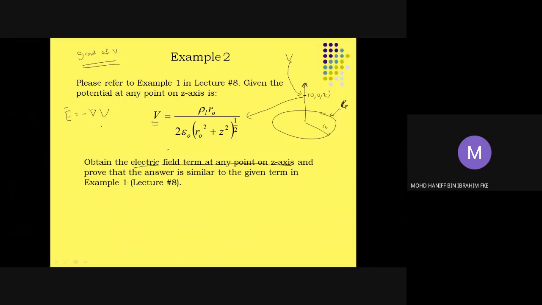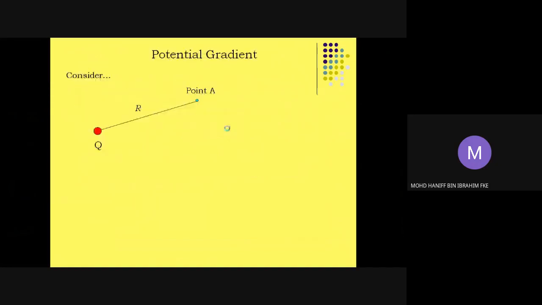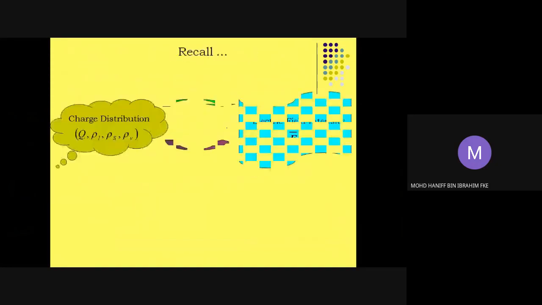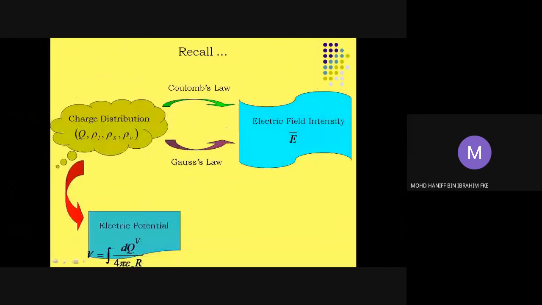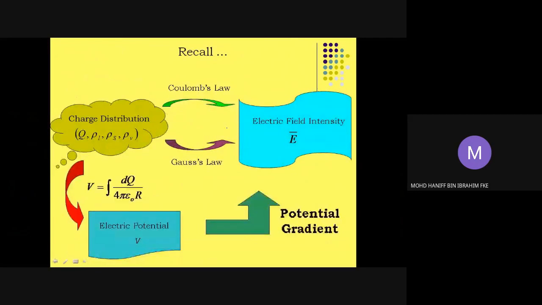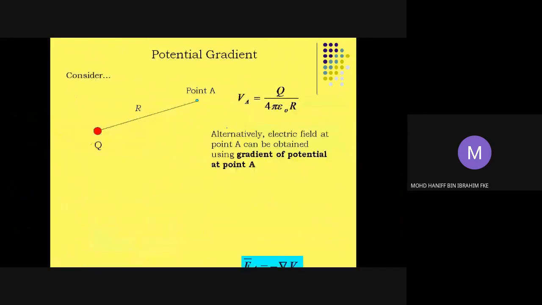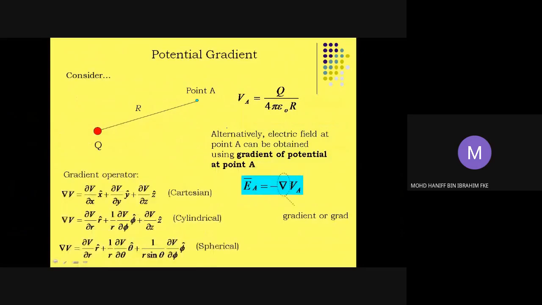The gradient of V depends on the system of coordinates. Here, your coordinate system will be cylindrical, so we have to go back to this slide, in which we have the equation for grad of V for cylindrical.